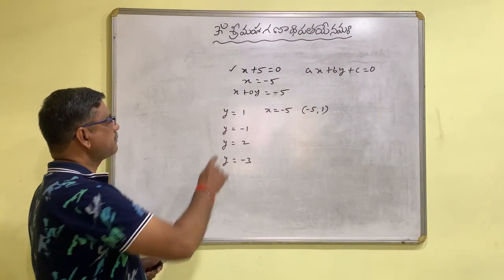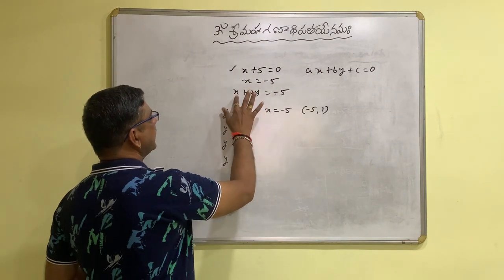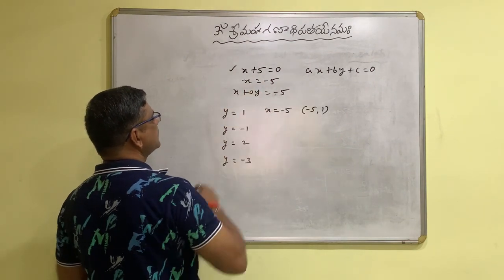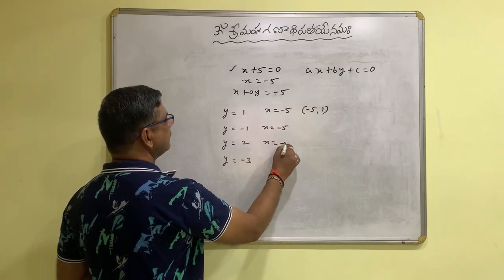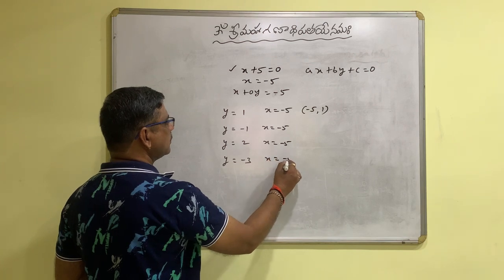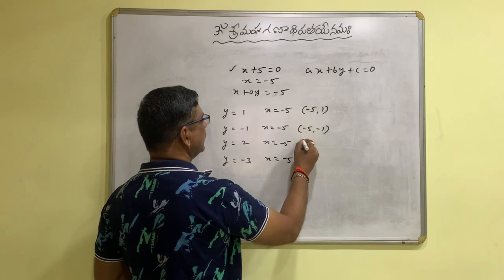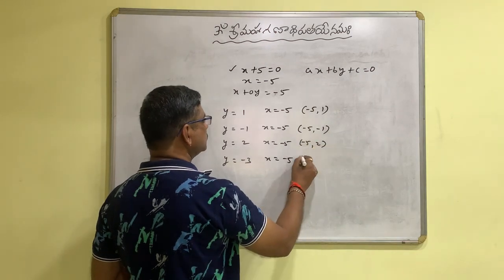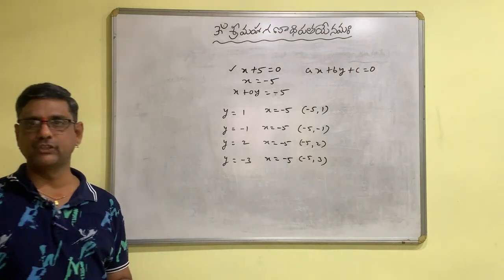Now keep y is equal to -1. 0 into -1 is 0. x plus 0 is x. x is equal to -5. Here also x is equal to -5. So the answers are (-5, 1), (-5, -1), (-5, 2), (-5, -3). These are the solutions.